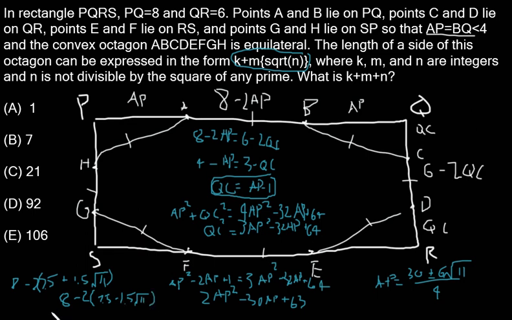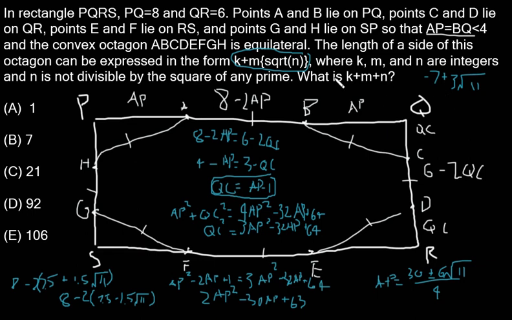Okay, and if we distributed the 2 out, we'd have 8 minus 15 plus 3 square root 11, and that'd be greater than 1, all right? And so if we did that, we'd have 8 minus 15, that is negative 7. Then minus 2 times minus 1.5 is 3 square root 11, all right? And this is greater than 1, all right? Because minus 7 plus 3 square root 11 is greater than 1.